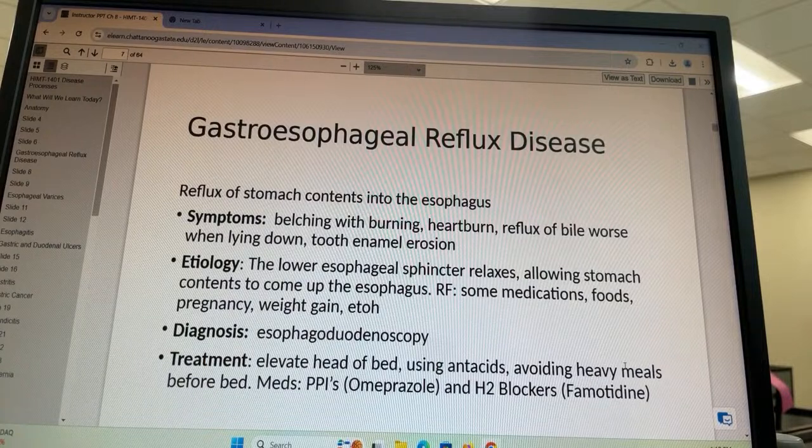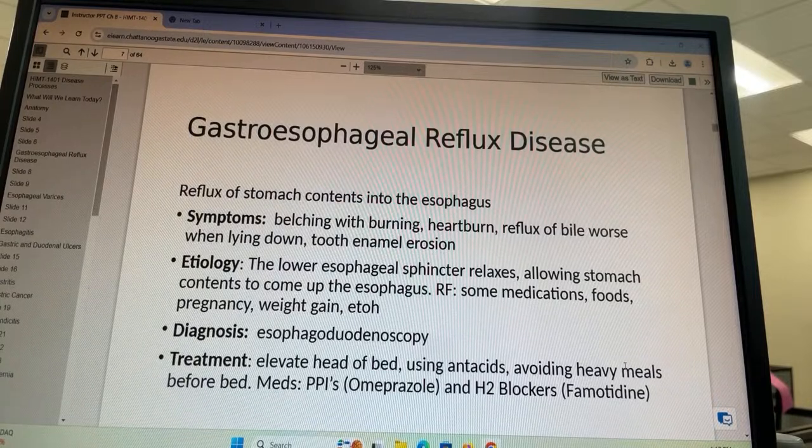But if it gets loose and relaxed, the stomach acid can come up into the esophagus. So that's what's happening here. Some medications can cause that to happen. Sometimes certain foods, like spicy foods, can cause that to happen. Pregnancy as well, just because you have so much pressure in the abdomen, it pushes the stomach contents up.